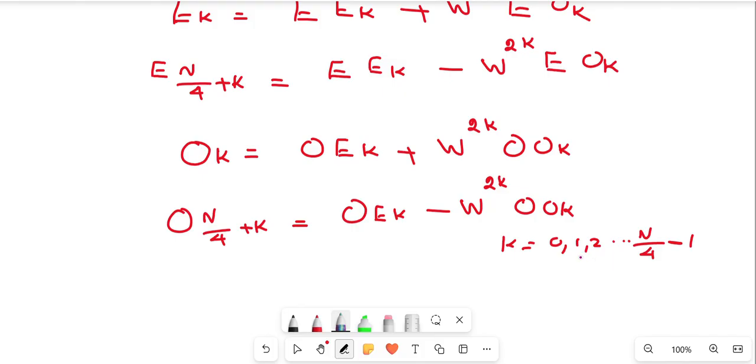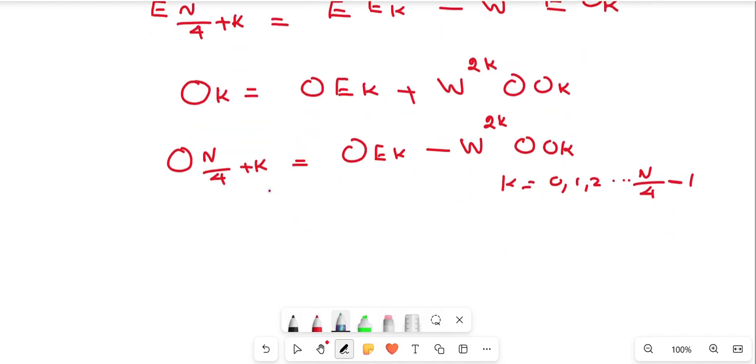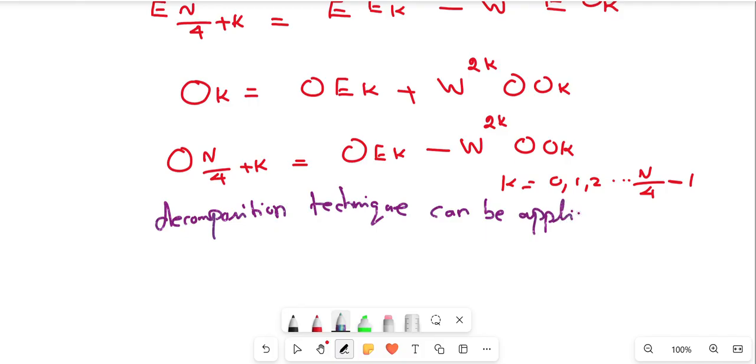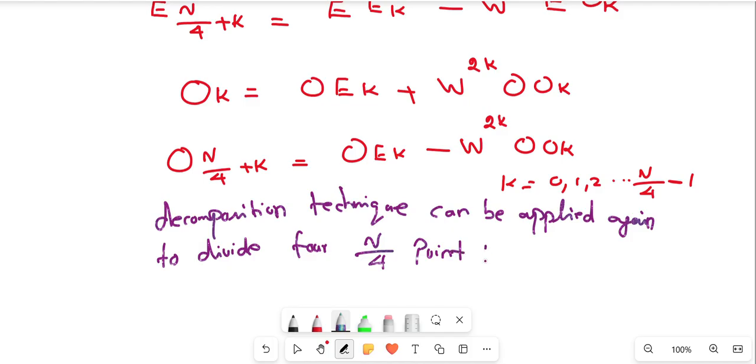So this decomposition technique can be applied again to divide into 4 n by 4 point DFTs, and again into 8 n by 8 point DFTs.